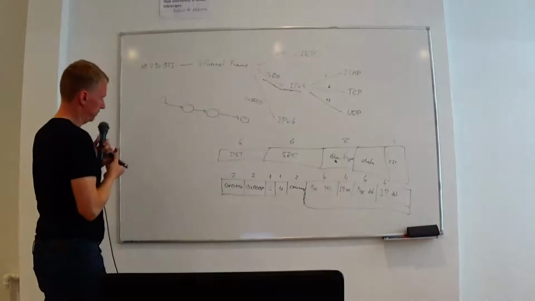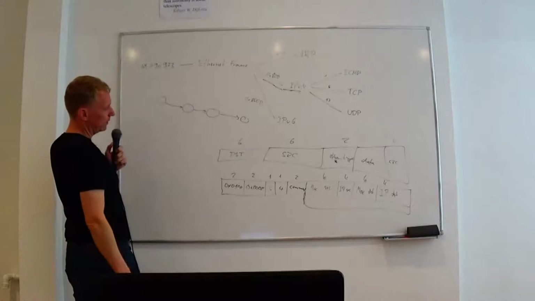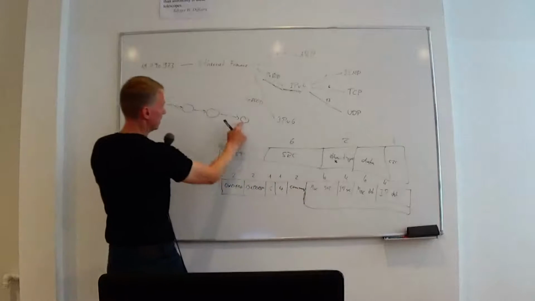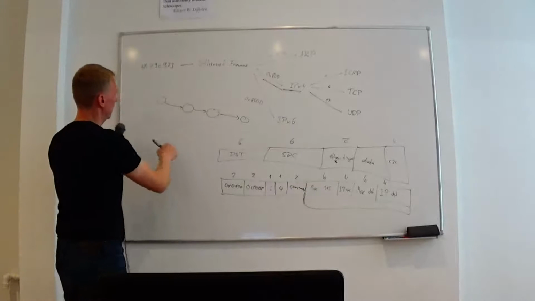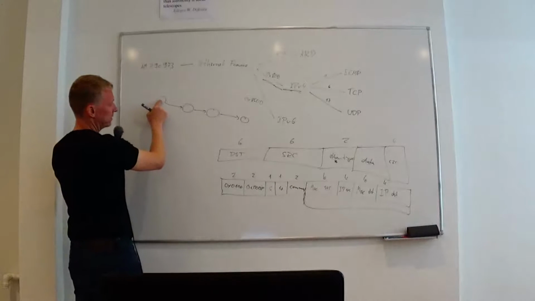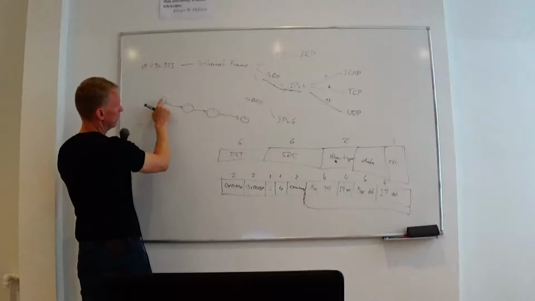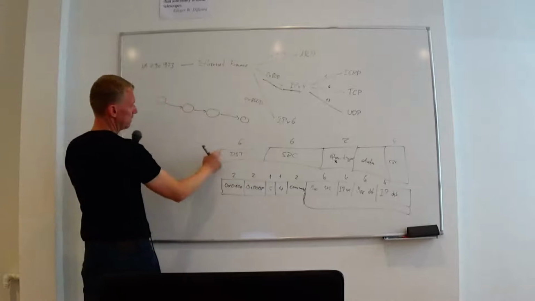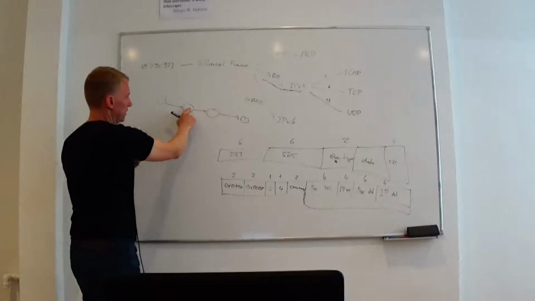Okay, so when he wants to talk to him, then his MAC and IP address will be here, and his MAC and IP will be here, but he will have to send the whole thing to him first, and when he communicates with him, then the source will be his MAC address and the destination his MAC address. Okay?